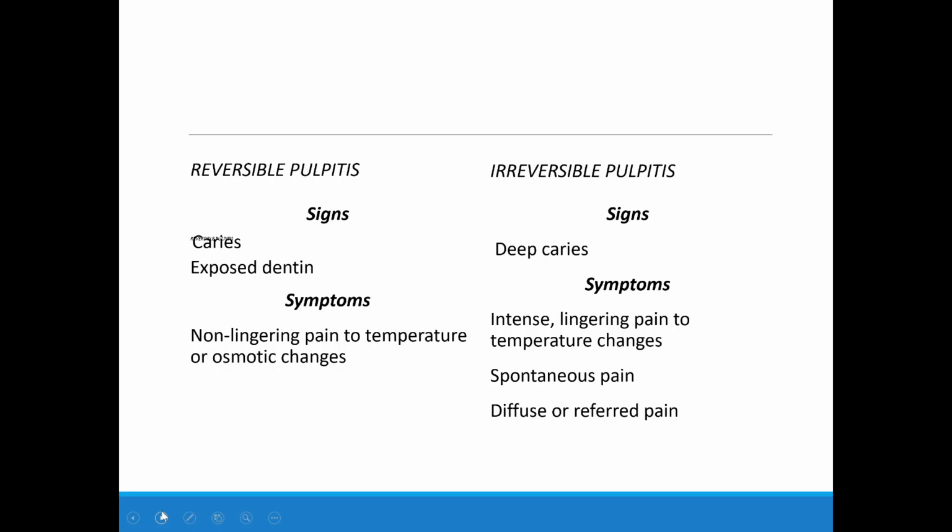Signs: in reversible pulpitis it's just caries and exposed dentin, and in irreversible, deep caries. Symptoms: in reversible, non-lingering pain to temperature or osmotic changes. In irreversible pulpitis, intense lingering pain to temperature changes, spontaneous pain, diffuse or referred pain.